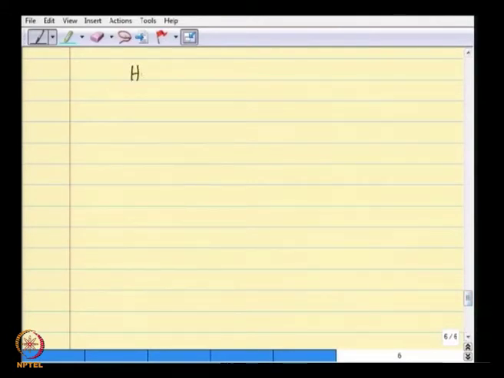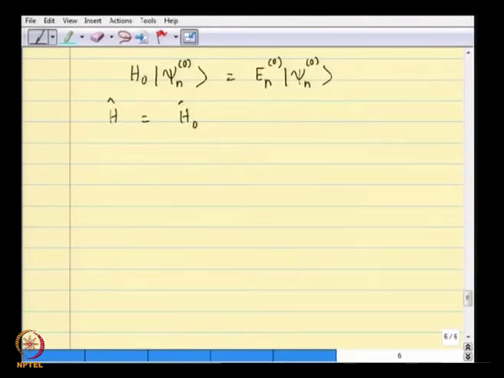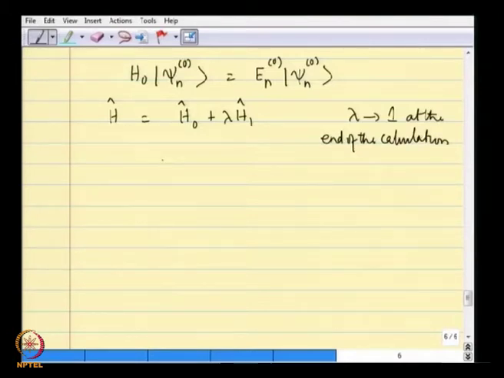We started with H naught psi n 0, now everything written in terms of the bracket notation, equals E n 0 psi n 0. The Hamiltonian that we used was H naught plus lambda H1, lambda to be set to 1 at the end of the calculation, so that the Hamiltonian becomes essentially H naught plus H1.